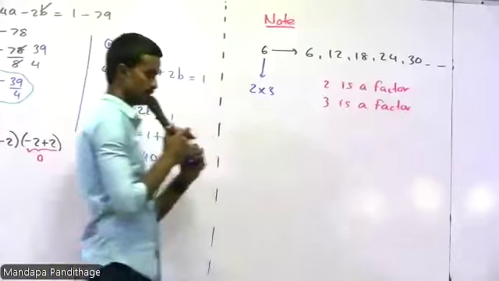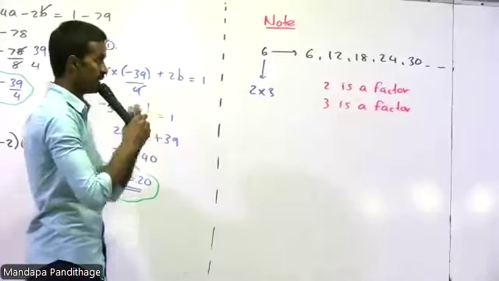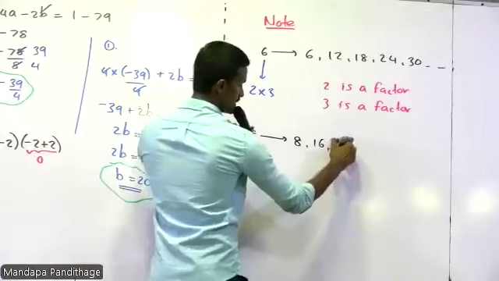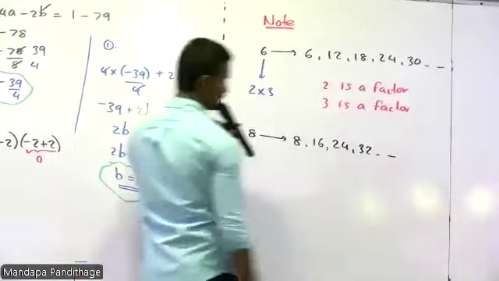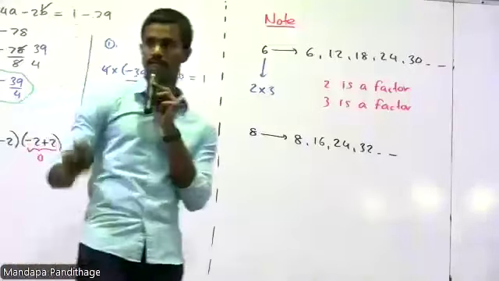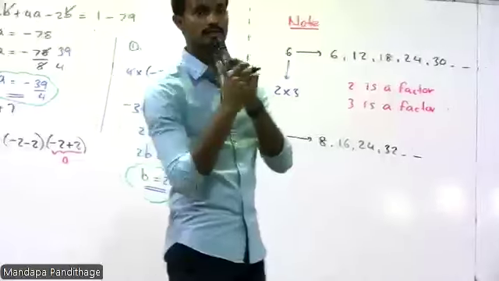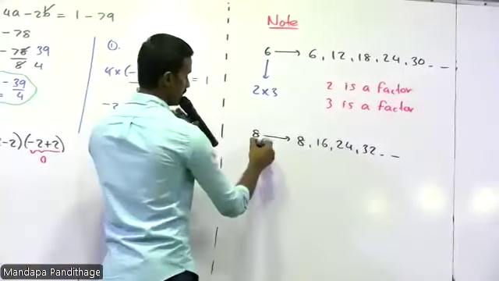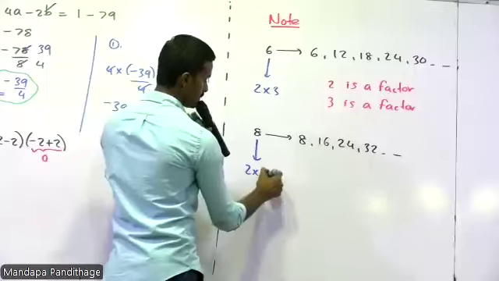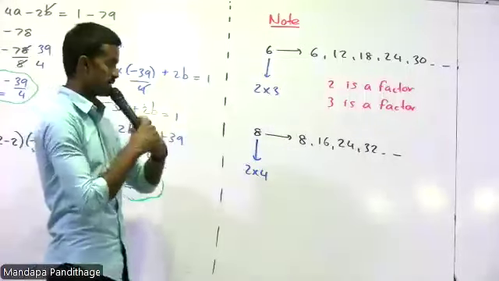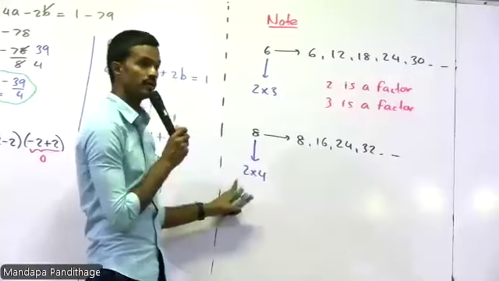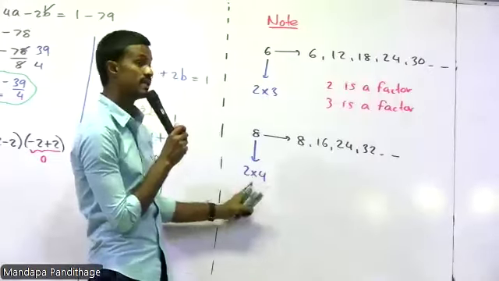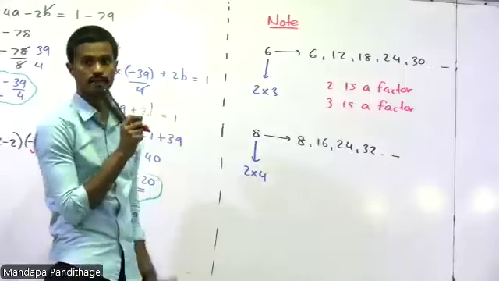I'll take another example. If I write the multiples of 8: 8, 16, 24, 32. All these are divisible by 8, so we say that 8 is a factor. 8 can be written as 2 into 4. Each of these numbers is divisible by 2, which means 2 is also a factor, and divisible by 4, which means 4 is also a factor.